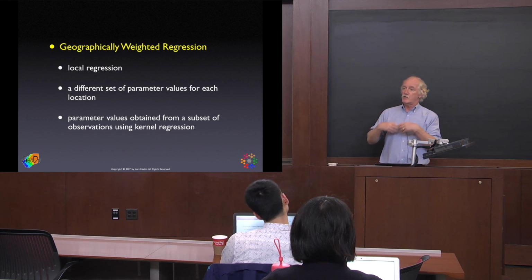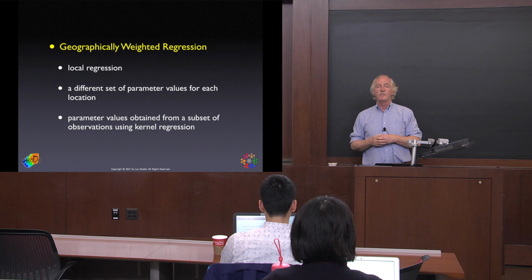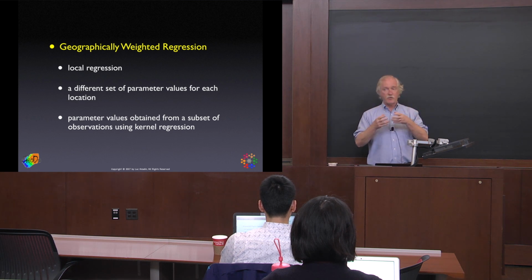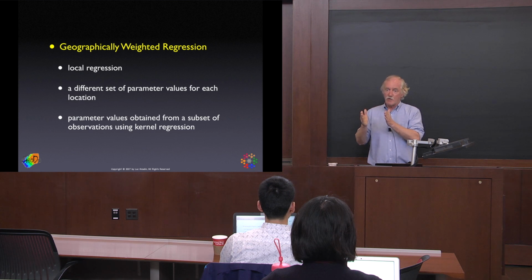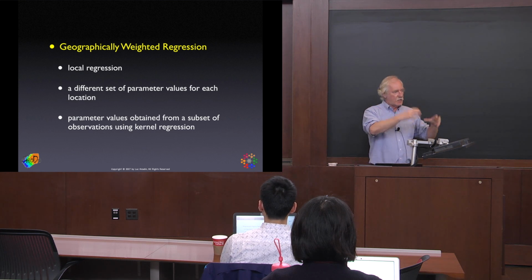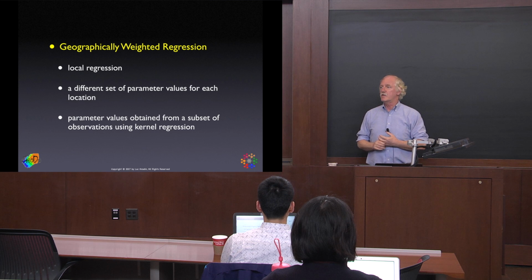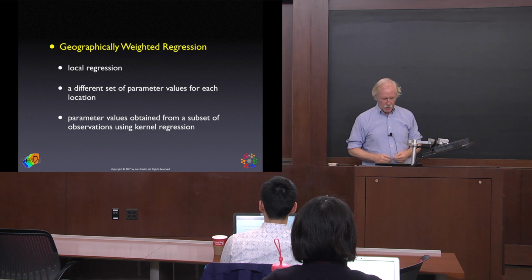These concepts of a kernel and a bandwidth originally come from the attribute dimension. So the bandwidth would be how far from x you go, not in geographic distance, but you can easily transpose this concept to geographic distance, and that's what GWR is.